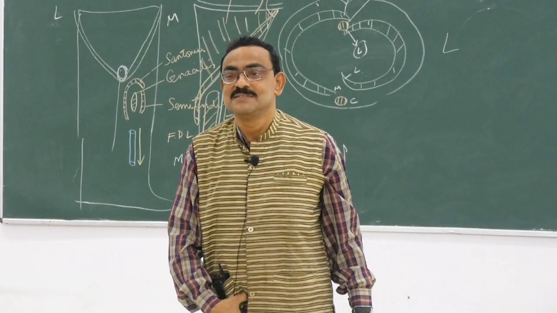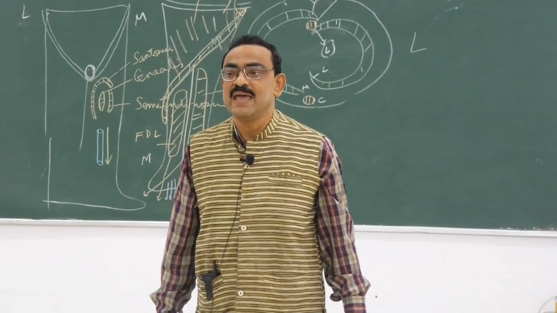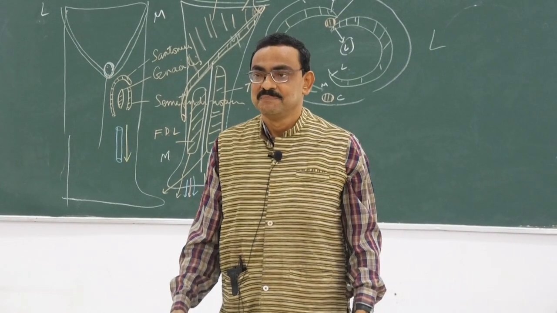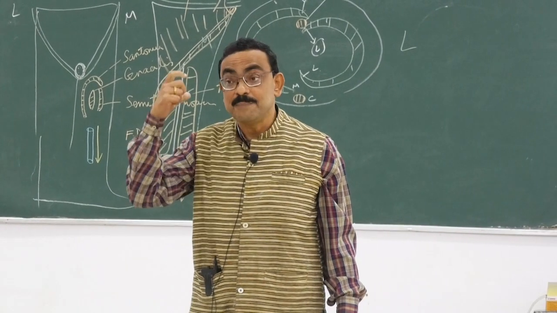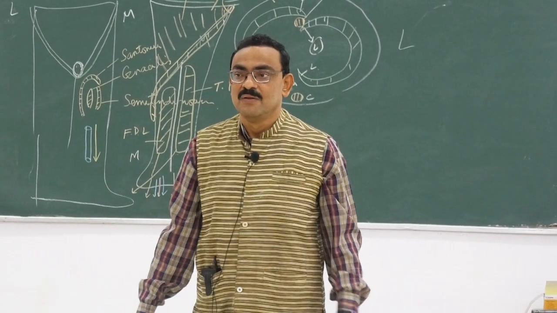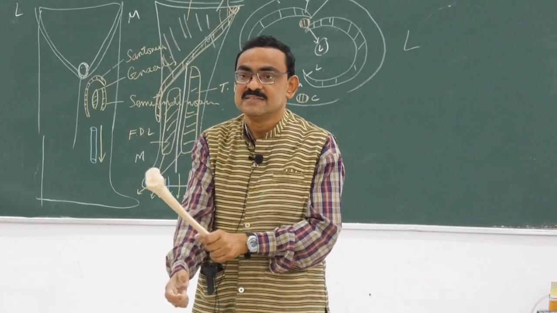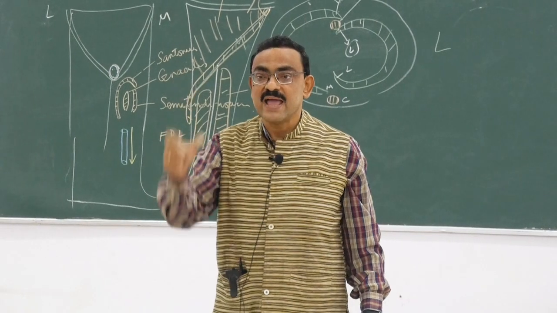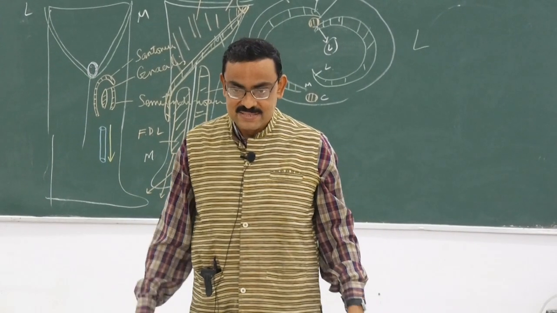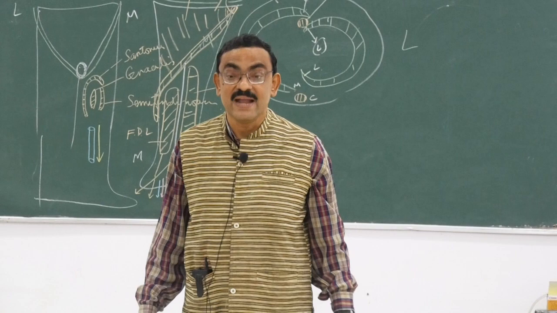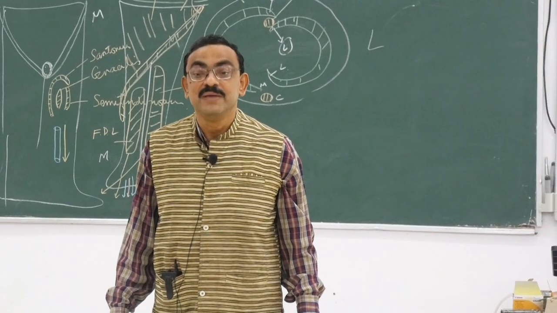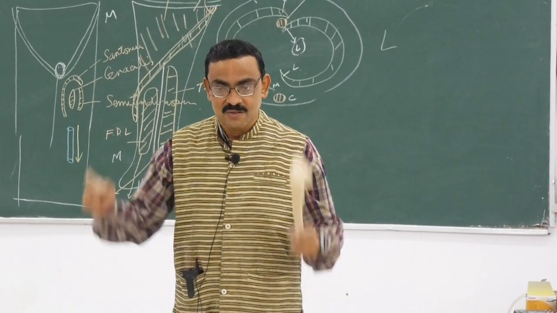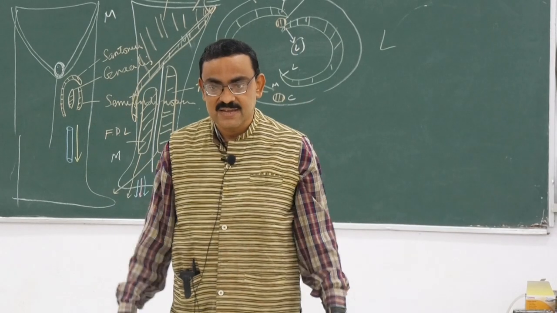They are the deep veins of the leg or the deep veins of the upper limb. The deep arteries of the upper limb and the deep arteries of the lower limb are accompanied by veins. They are called the venae comitantes. Two veins on either side.